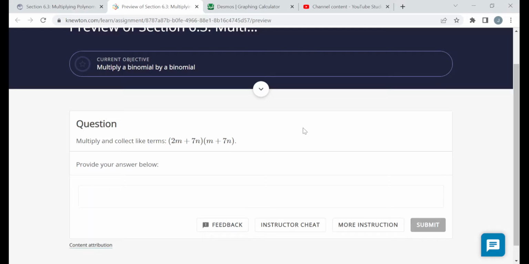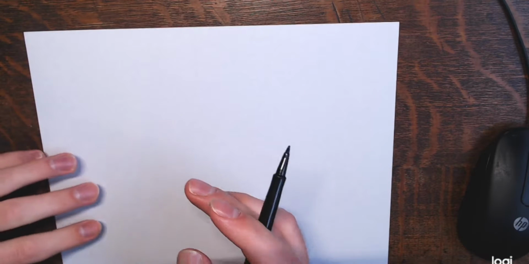If you remember back from section 6.2 on multiplying monomials, you can turn any problem where you're multiplying polynomials into just a bunch of products of monomials. We'll see that with this first example. So I'm going to be doing pretty much the same thing for every single one of these.